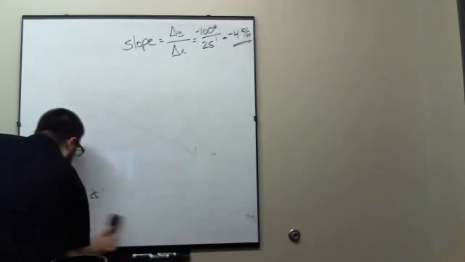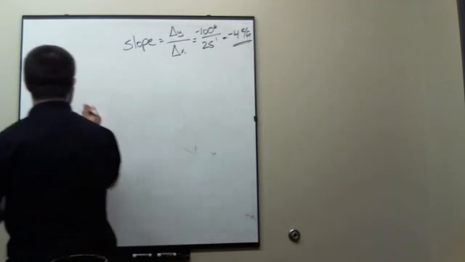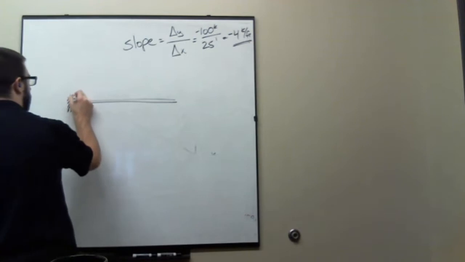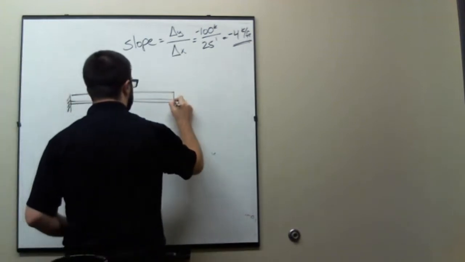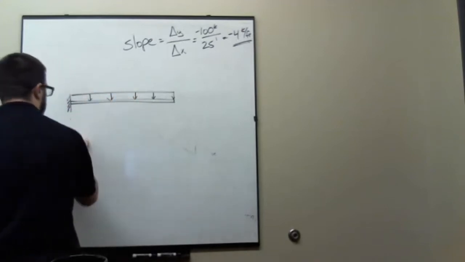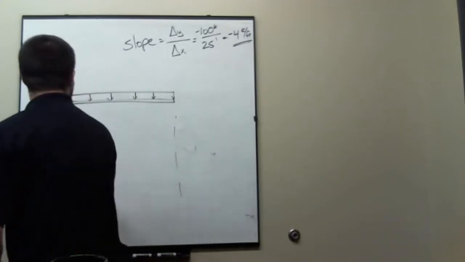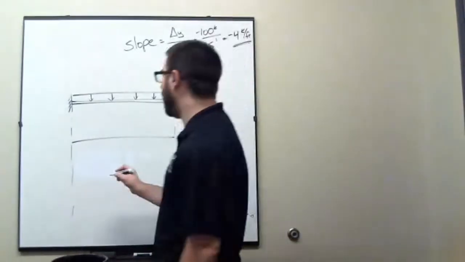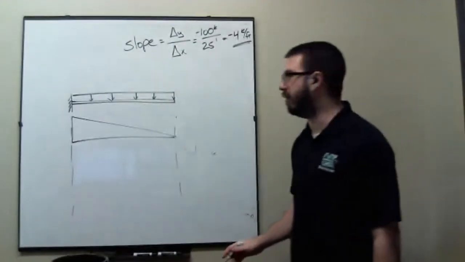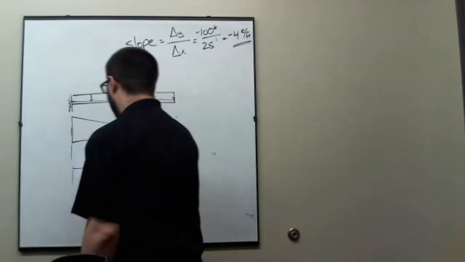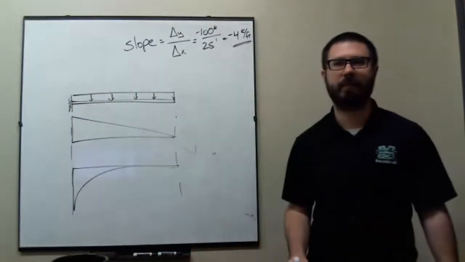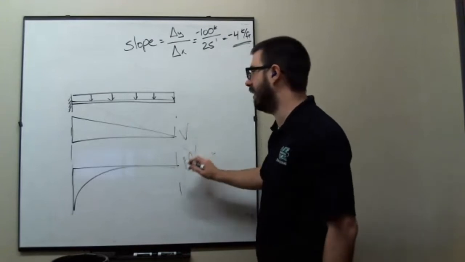When you look at a moment diagram for a cantilever beam, so let's say here's the cantilever beam, and you have, let's say, a distributed load. What happens is your shear diagram jumps up, and then it goes down like that, so it's like a triangle. But then your moment diagram jumps down, and then it does that. Okay, so that's your shear diagram, and that's your moment diagram.